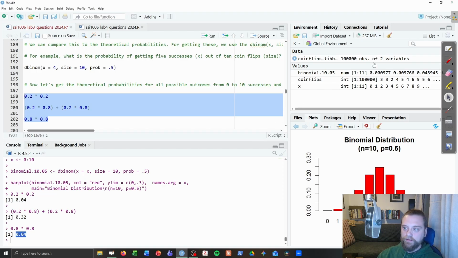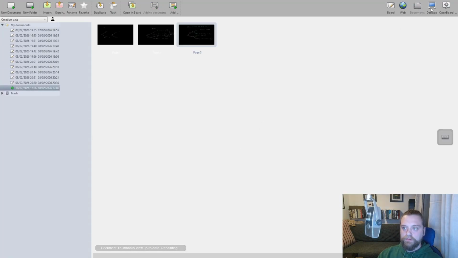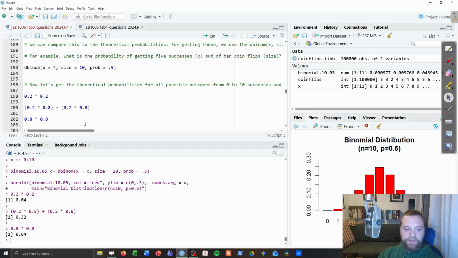So let's go and enter those in. So 0.04, 0.32. This is a joint probability of 0.32, so 0.16 each. And then 0.64. Was it 64, I think. And of course, these 3 all still sum to 1. So let's try that on here.